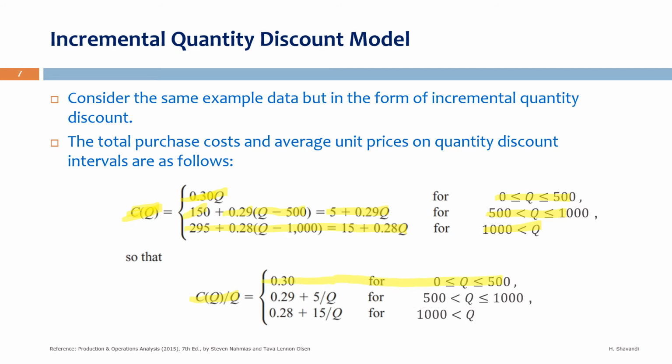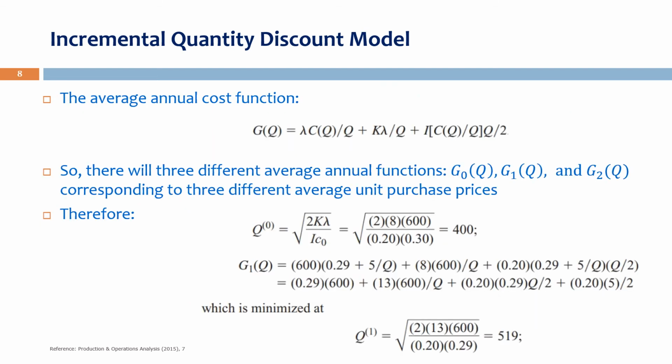For the second interval, we have two purchase prices, 30 cents for the first 500 and 29 cents for the rest over 500. So on average, the unit purchase price becomes 0.29 plus 5 over Q. And for Q over 1,000, we have three unit purchase prices, and the average here becomes 0.28 plus 15 over Q.